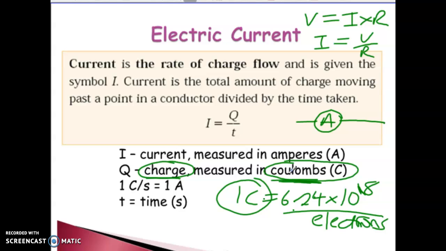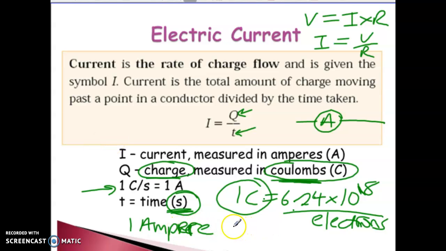So when we're talking about current, it's Q over time, or essentially the number of electrons over a unit of time. Now, time when we're dealing with current calculations is always in seconds. So we have charge over time. Why do we have that? It's because 1 ampere, which we know is the general unit for current, is equal to 1 coulomb per second.